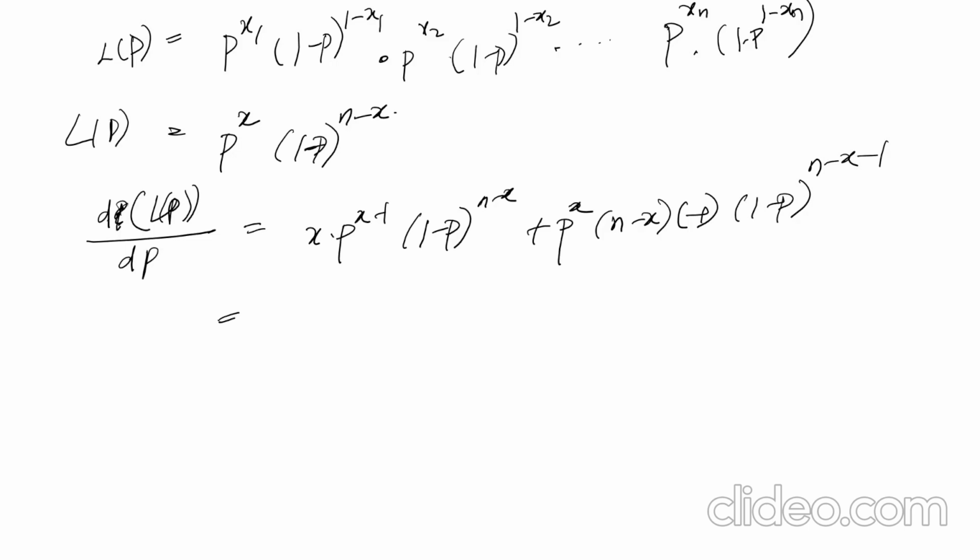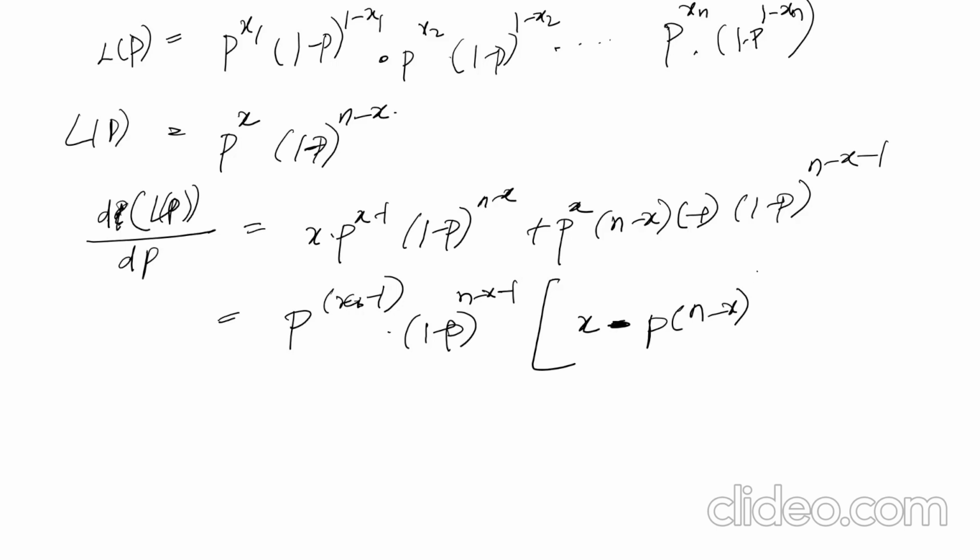So we can simplify this by taking p to the power x minus 1 out. Then we can see we have x minus p of n minus x equal to 0, as we are equating it to 0 for the maximum value.